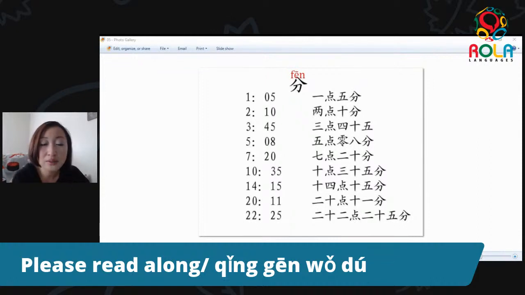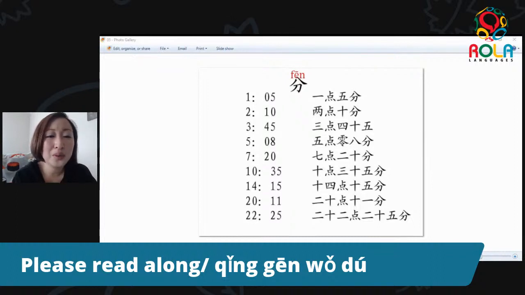It is 1 o'clock plus 5 minutes. 2:10, 2点10分. 3:45, 3点45分. Over here, if we have a number that's pretty long, it's not like 5 or 10, so when we say it, it's already 3 syllables. Sometimes we can ditch the 分.